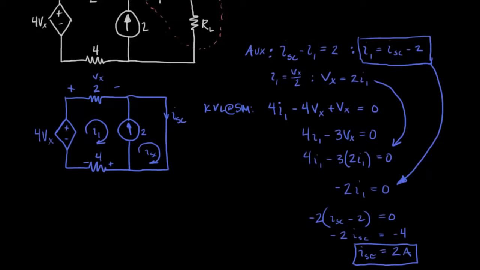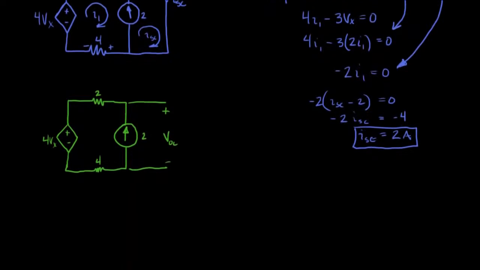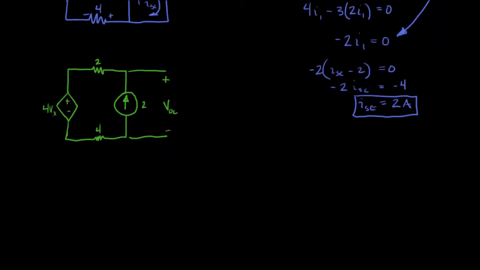Alright, now let's look at the open circuit voltage. Okay, so this is the drawing that we have for that. So to calculate the open circuit voltage, and again, I guess I forgot this part of the circuit, Vx.